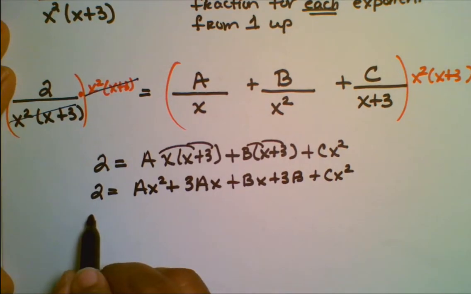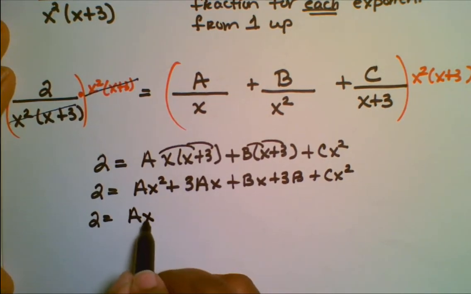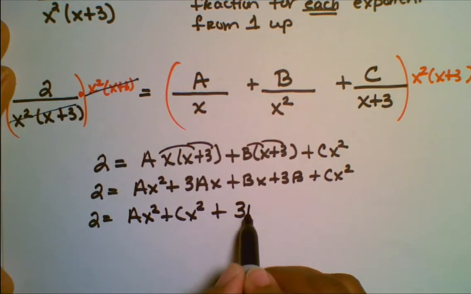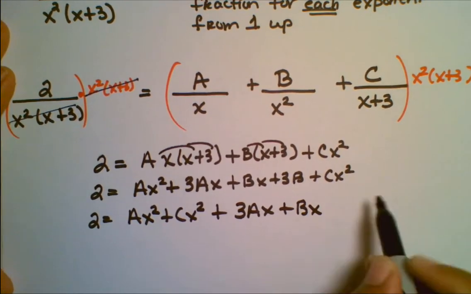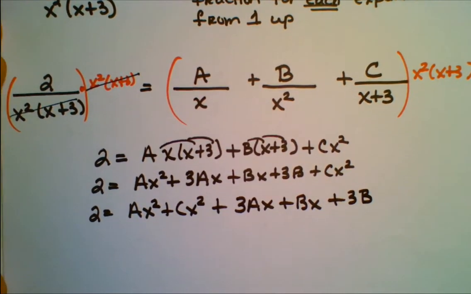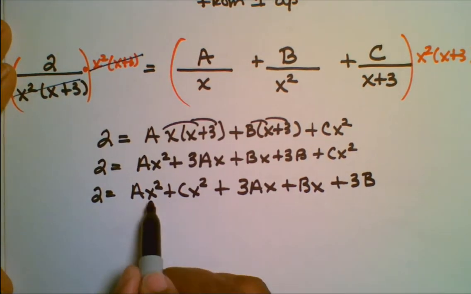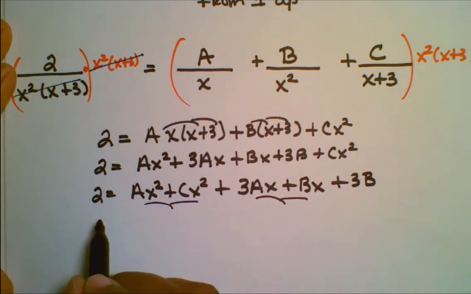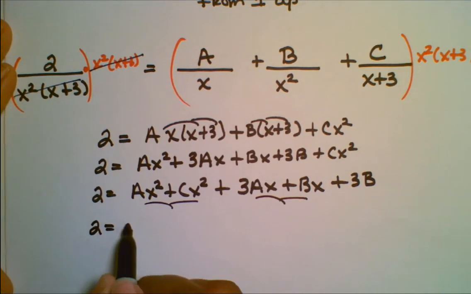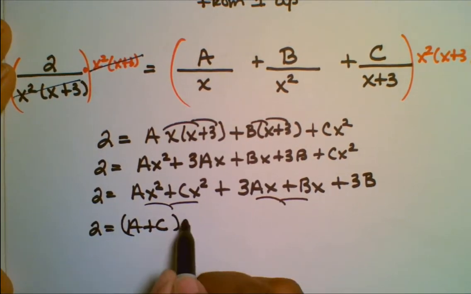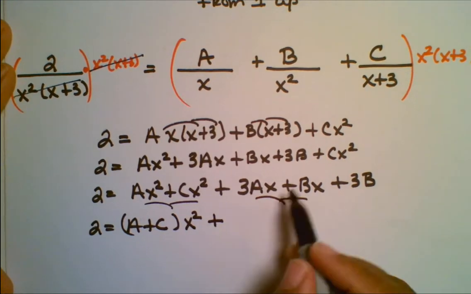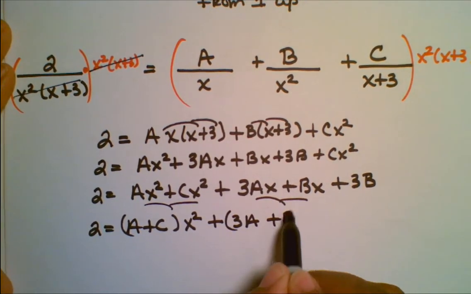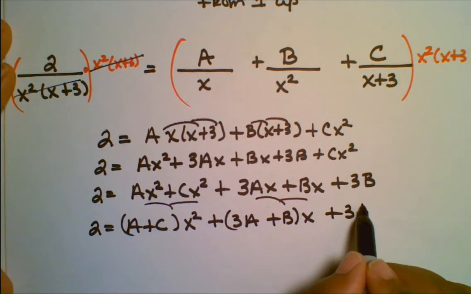Let's combine like terms: our x squareds, our x's, and our constant. Let's factor out the x squared. So we have 2 is equal to a plus c times x squared, plus 3a plus b times x, and then we have our constant term 3b.